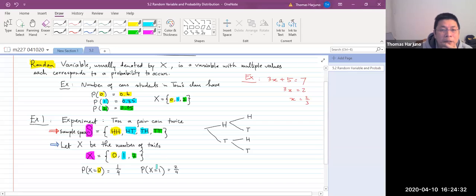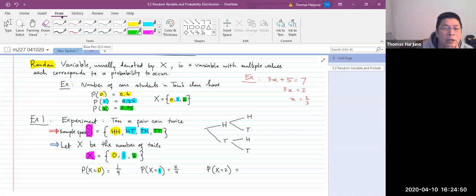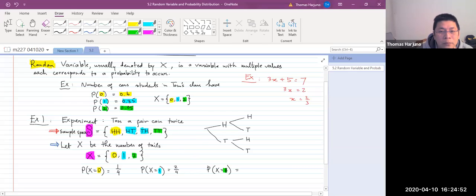Then the probability to get x equals 2, the number of tails is 2, will be only 1 out of 4 cases, and they are equally likely. Then the probability will be 1/4. Okay, that's for the random variable and how we apply that.